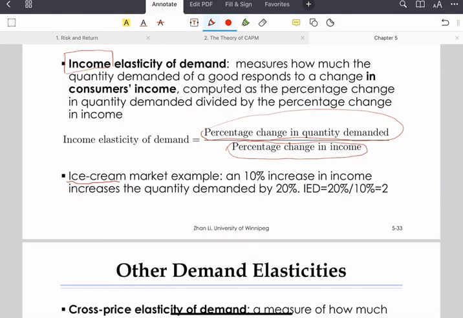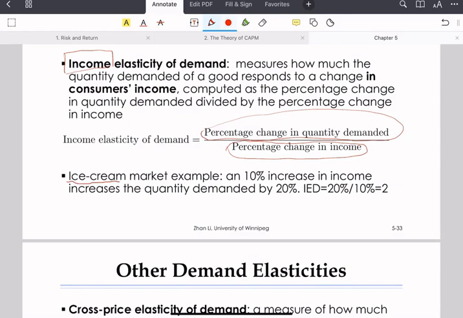However, if you have an inferior good, then increasing income means decreasing quantity demanded. So the income elasticity of demand for an inferior good will be negative. The sign is important because it tells us whether this consumption good is inferior or normal.